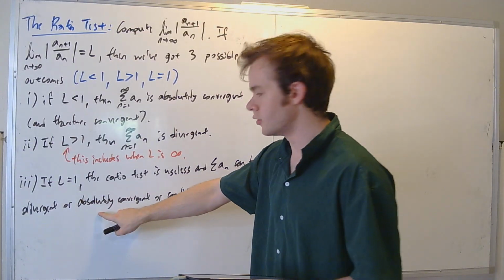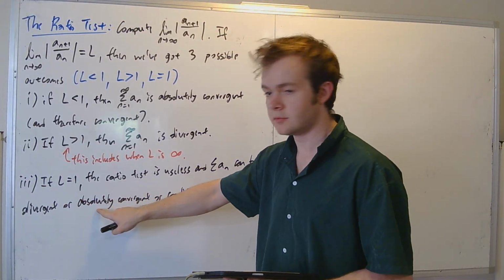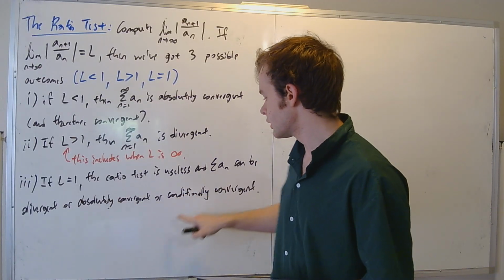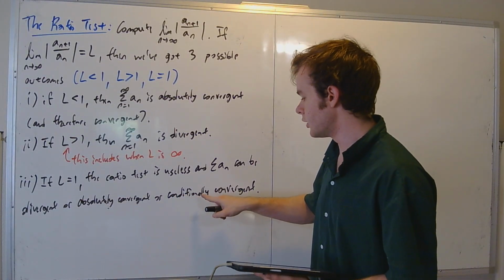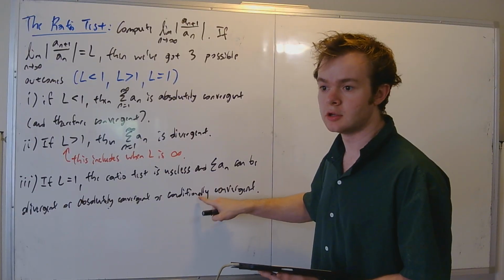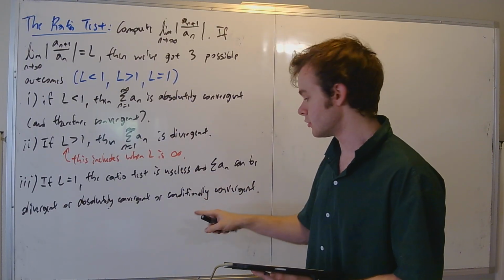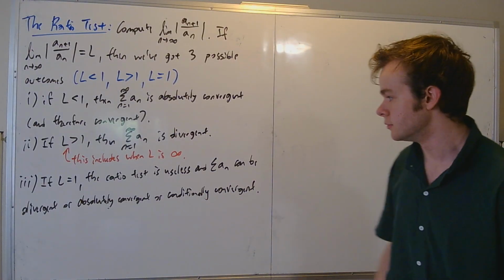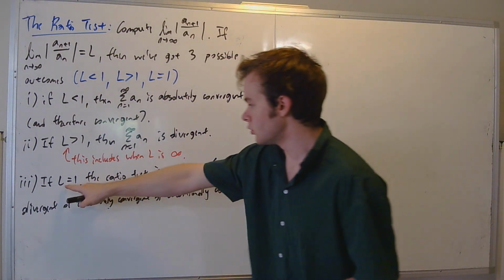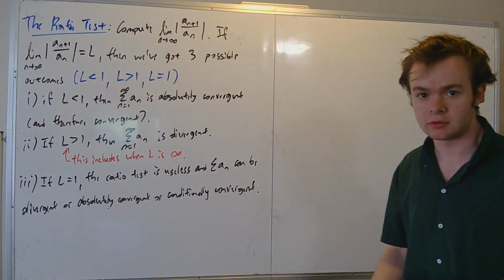Remember, absolutely convergent means the sum of the absolute values is convergent. Conditionally convergent means that the series is convergent, but if you take the absolute values of each of the terms, then it's not convergent. So if L is equal to 1, it tells us absolutely nothing, right?